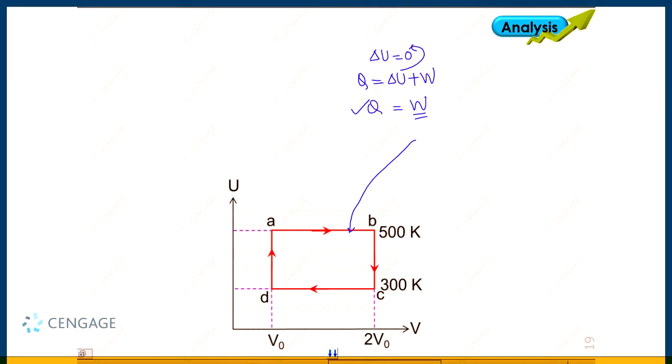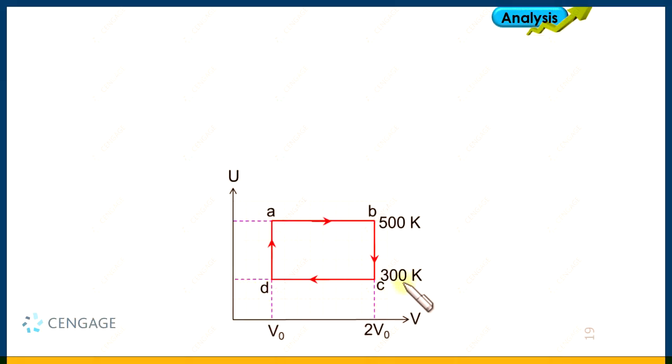Okay. So, let us move process by process, and this process is an isothermal process, because internal energy is constant and internal energy is a function of temperature. That means temperature is constant, so it is an isothermal process, and delta U equal to 0. Similarly, for this process U is constant, so temperature is constant.